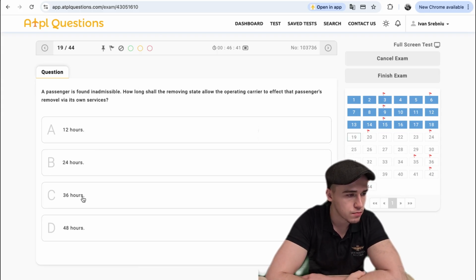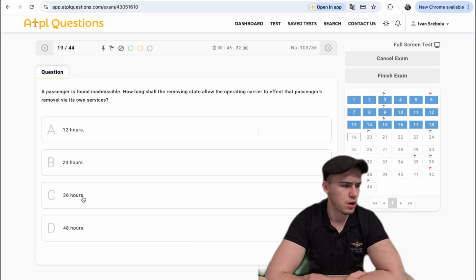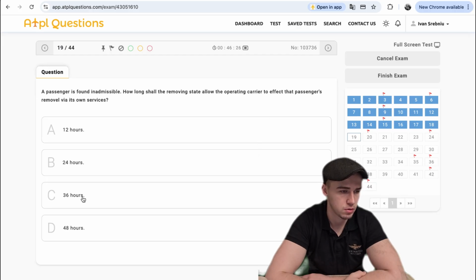A passenger is found inadmissible. How long shall the removing state allow the operating carrier to effect that passenger's removal via its own service? Inadmissible? I think 48 hours or 36, I don't know.